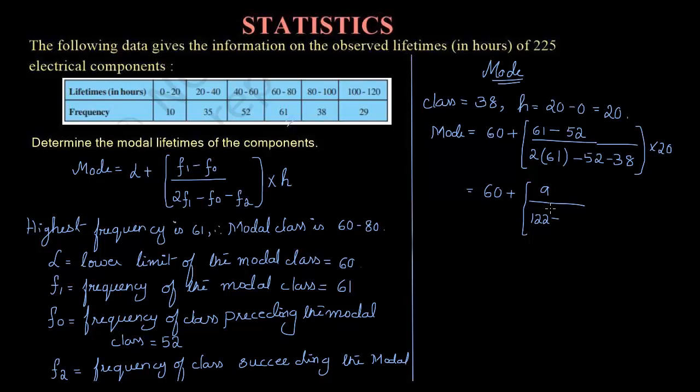If both the numbers have negative sign, you can just add those two numbers and write the same sign, into 20. Then we will take 60 like this only. 9 into 20 is nothing but 180 divided by 122 minus 90. So how much is it? It is 32.